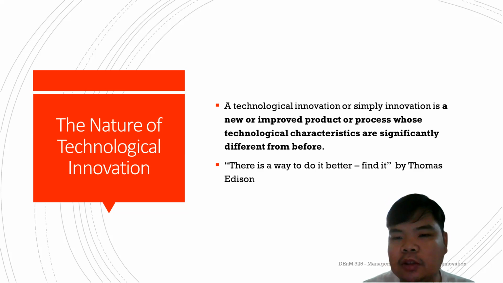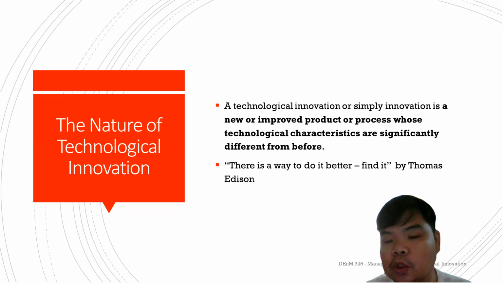We can have this kind of innovation by researching. That's why we have what we call research and development. So you need to find it, for the betterment of the community or even the society.